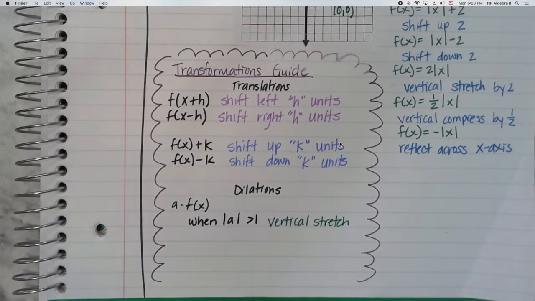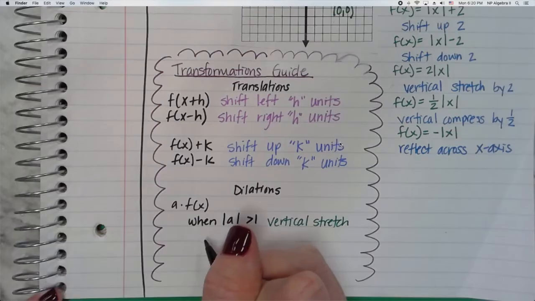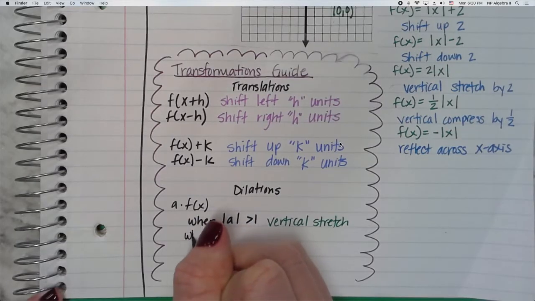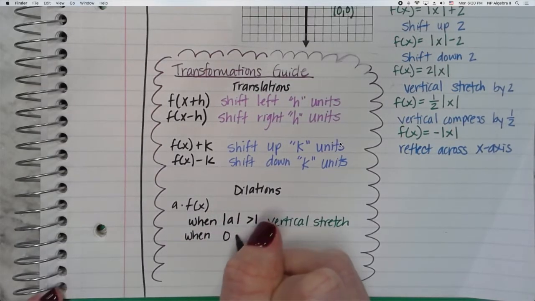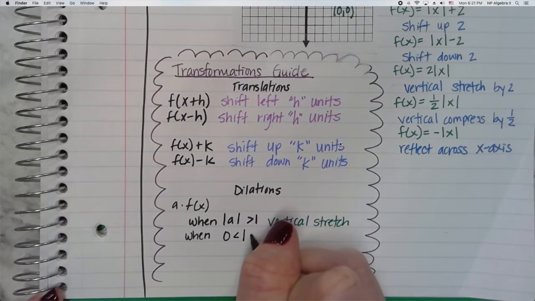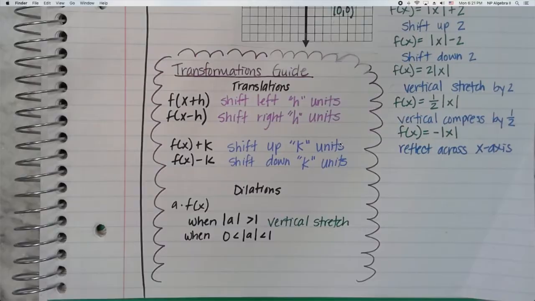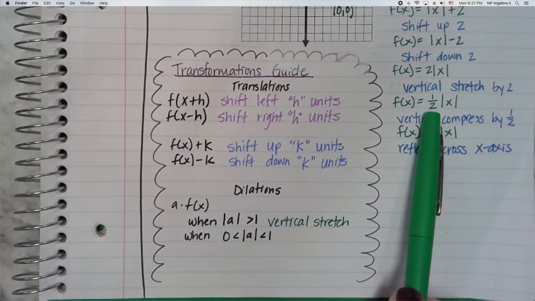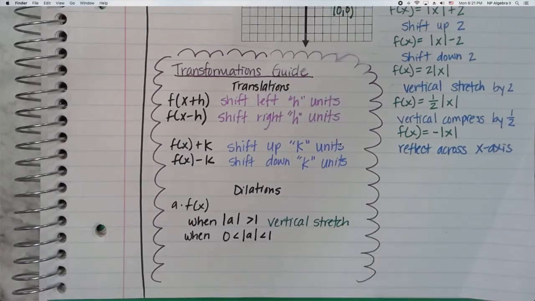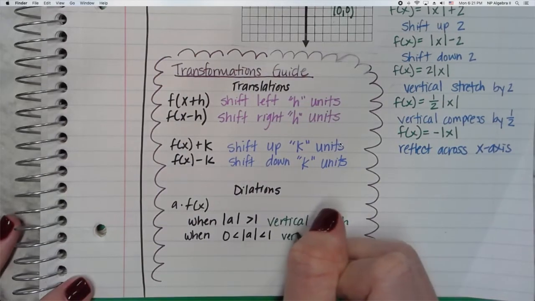If a is less than 1 but greater than 0, so when the absolute value of a is greater than 0 but less than 1, so a fraction, like this example, 1/2 x, this is going to be vertical compress.